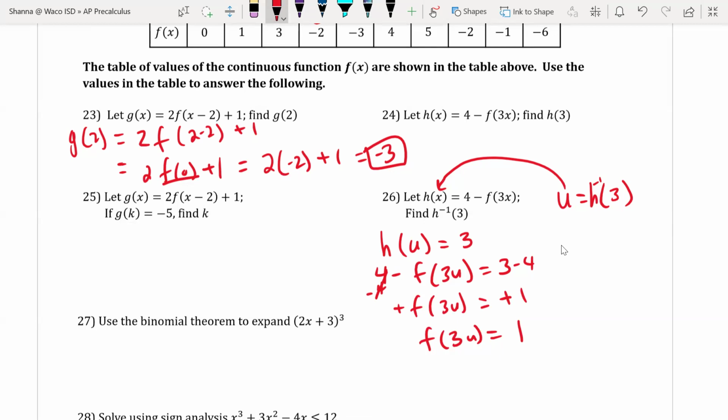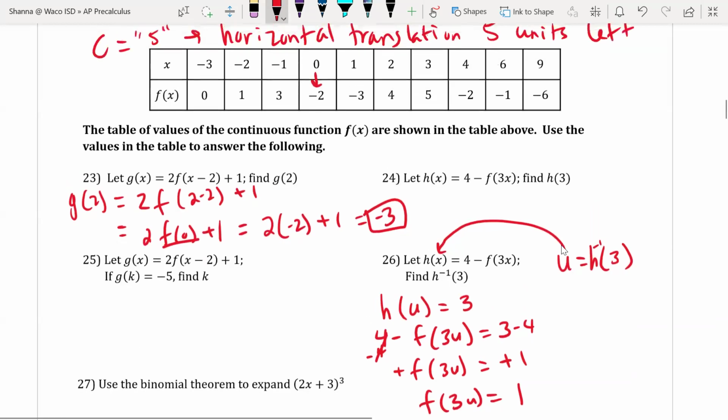Okay. So we know that we're looking for when we get an output of 1. When we look for an output of 1, the only place we get an output of 1 is where? At negative 2.